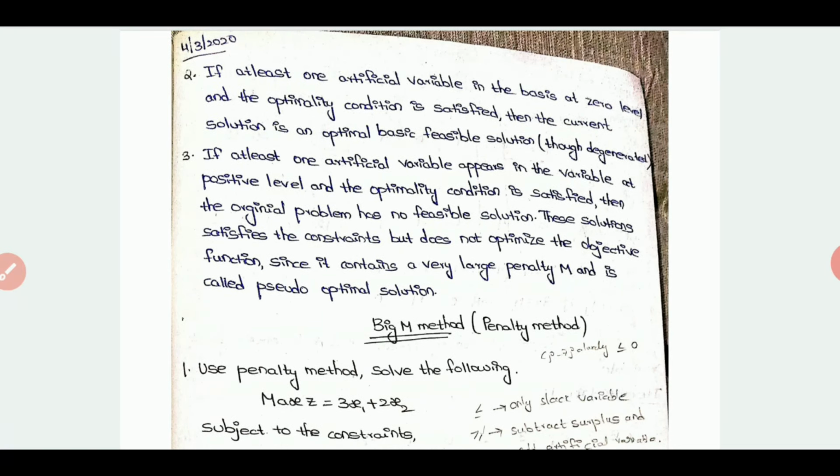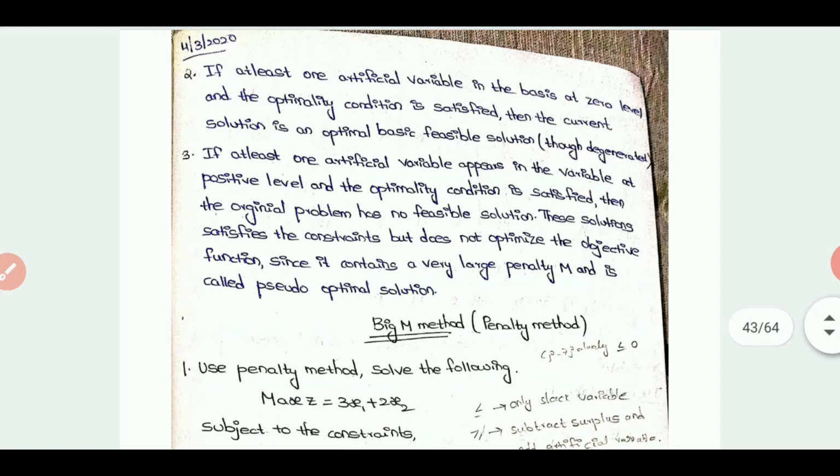And the second one is if at least one artificial variable is in the basis at zero level and the optimality condition is satisfied. Here the optimality condition means Cj minus Zj must be less than or equals to 0. That is the optimality condition for every sum we do by basis on the simplex problem.